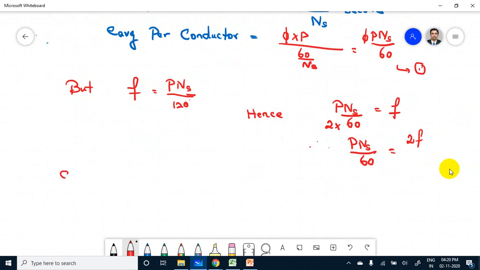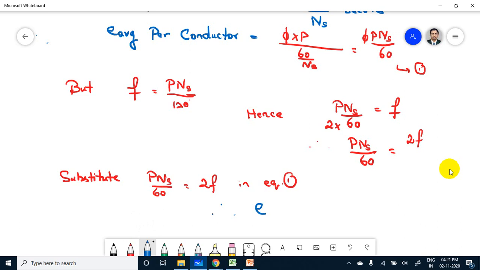Substitute P Ns by 60 equal to 2F in equation 1.